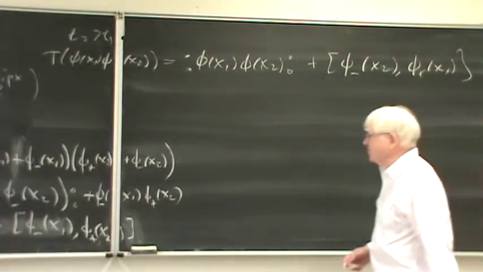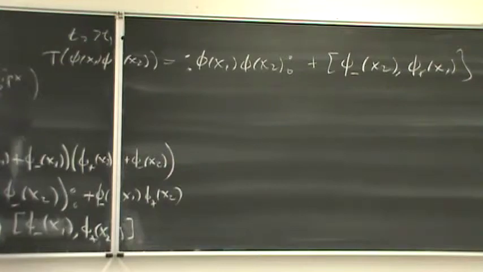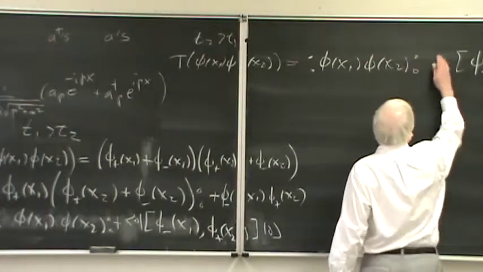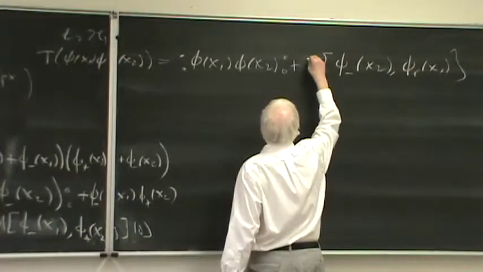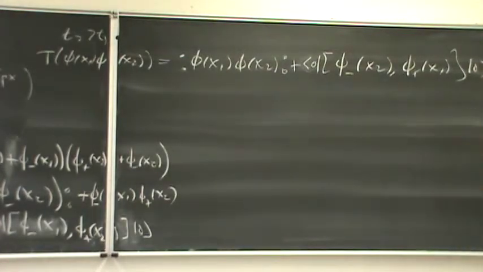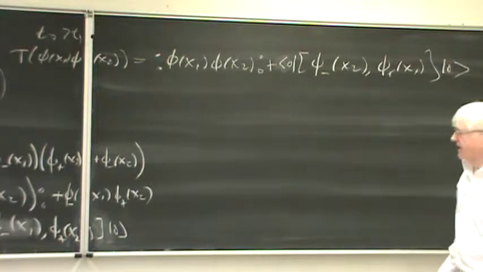And so what we can do is we can rewrite these formulas by putting in the vacuum of the free theory. We're thinking free fields, free theory here. So everything is the free theory and the free fields. So we can just put that in like that. Okay, so now what do we have?